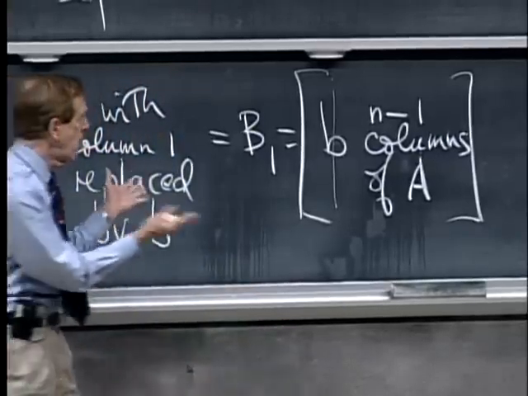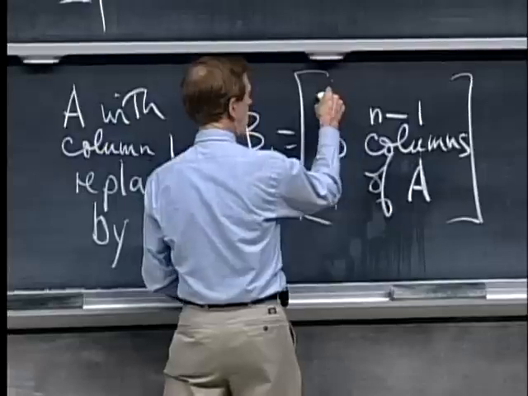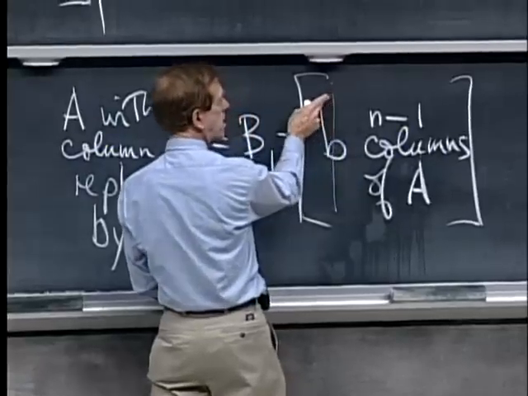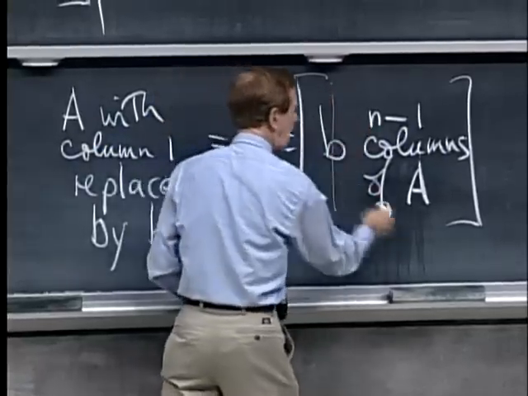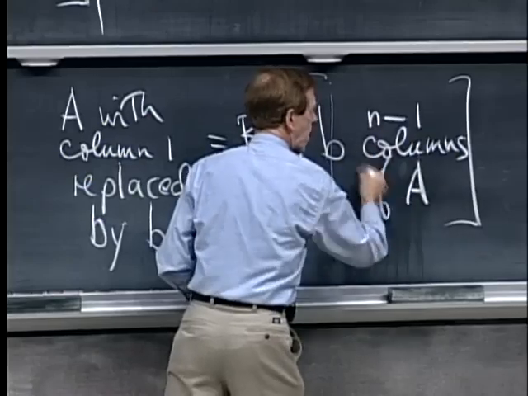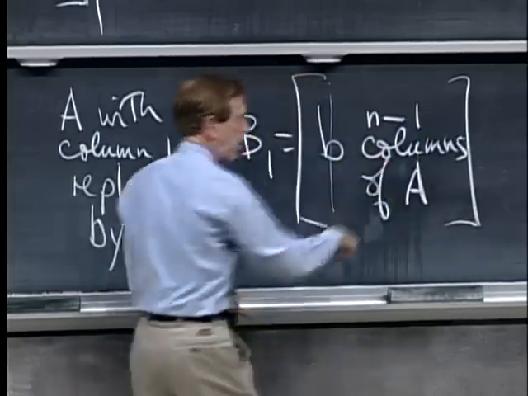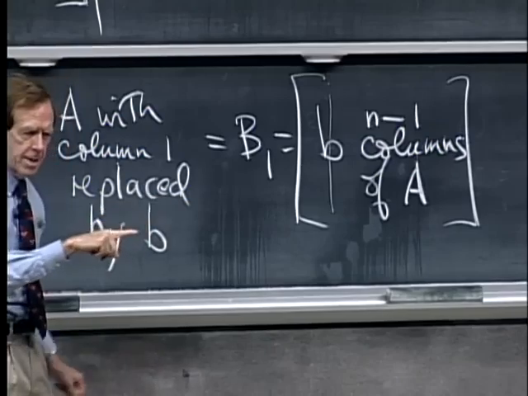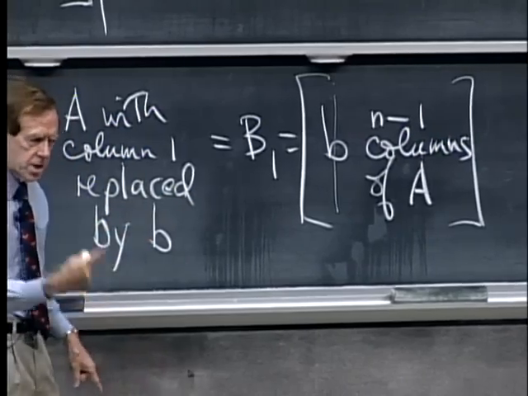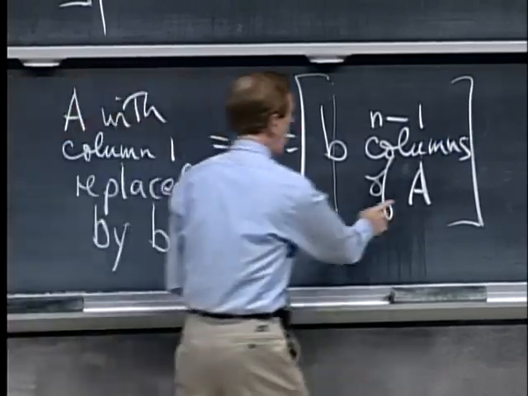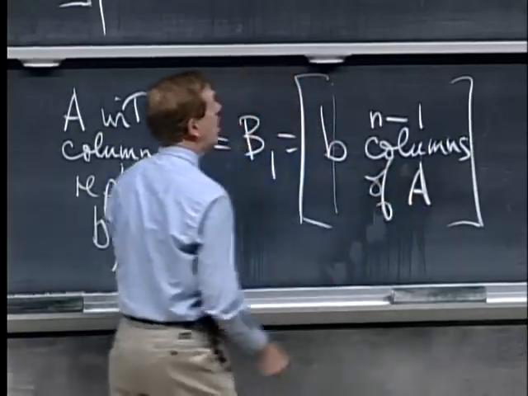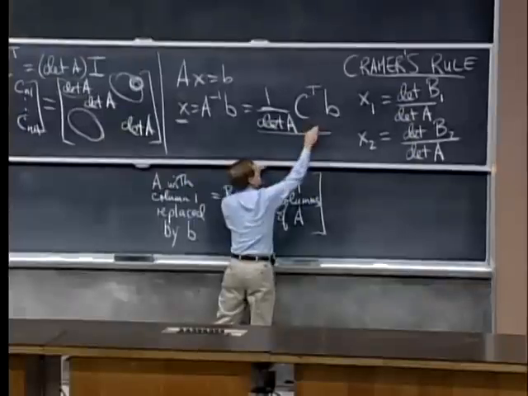When I use cofactors here, I take the first entry here, B1, let's call it, times the cofactor there. But what's that cofactor? And my little hand waving is meant to indicate that it's a matrix of one size smaller, the cofactor. And it's exactly C11. Well, that's just what we wanted.